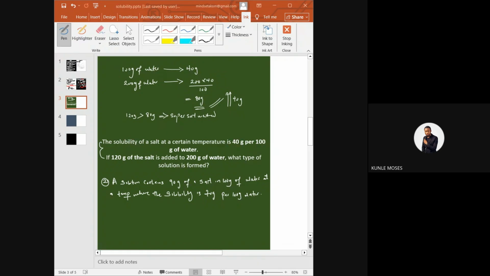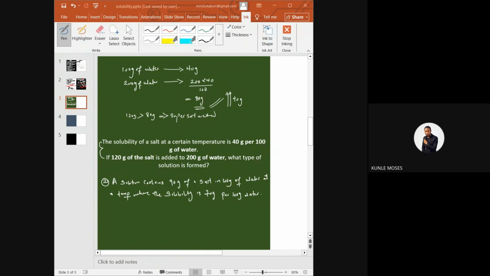It is actually direct. Now look at it. They said a solution contains 90 grams of a salt in 100 grams of water. The grams they gave us at solubility is the same thing as the grams of water they gave us at present. At present, it contains 90 grams of the salt in 100 grams of water, where the solubility of that salt is 70 grams per 100 grams of water.